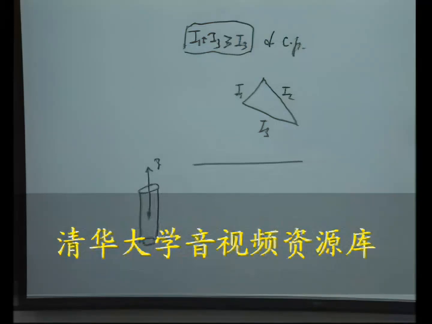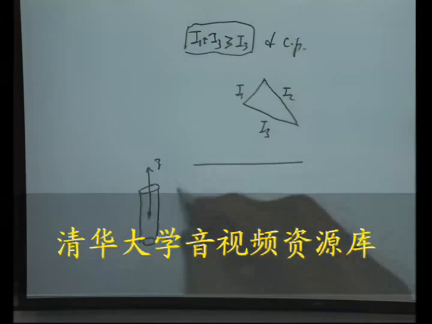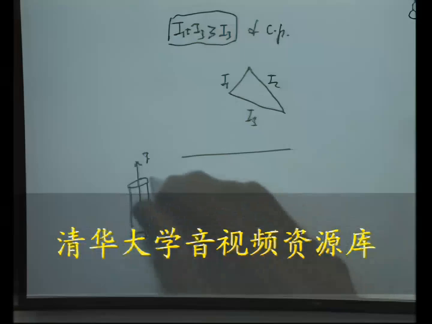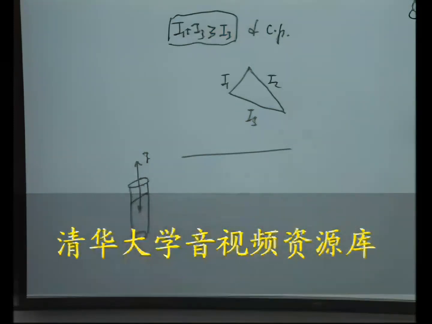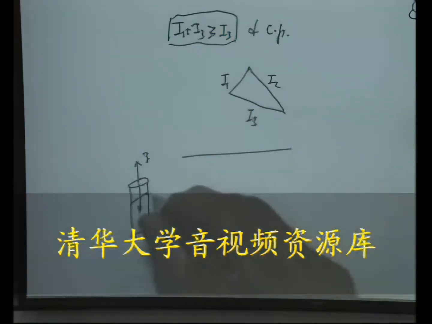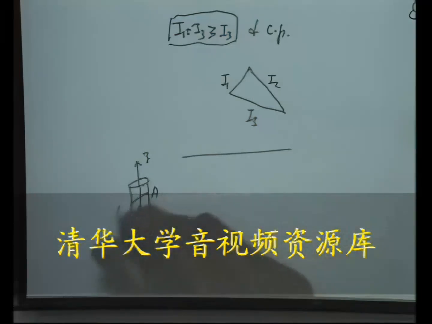Obvious, because for every point here there is a diametrically opposite point, and if you add the off-diagonal element of the contribution of this point, you have a point A, and I call it A prime.